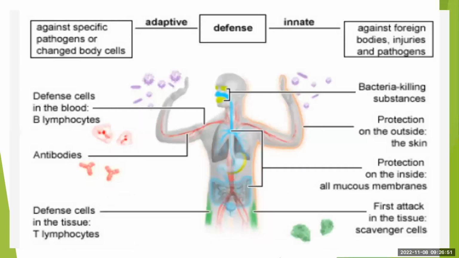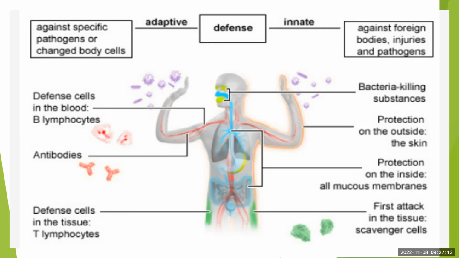Yeah. So just to give us a snapshot of what we are up against. This is ideally it. We've got the adaptive immune system and the innate immune system, and the innate immune system is able to fight against entry of foreign organisms, against injury.